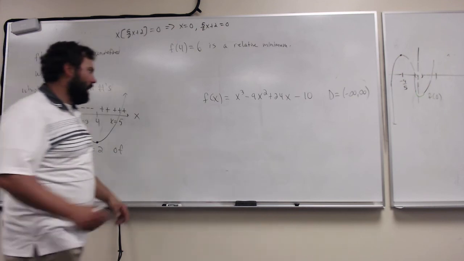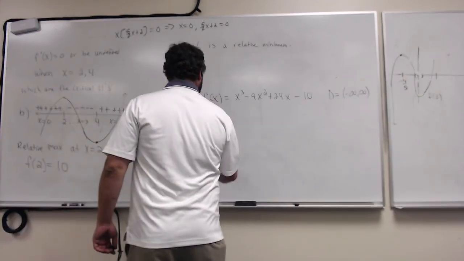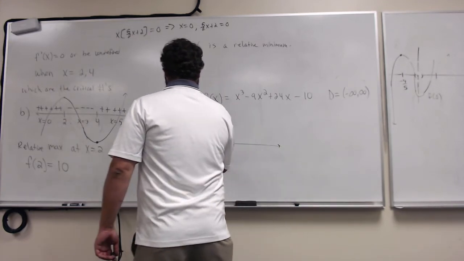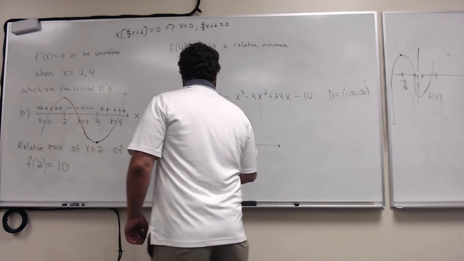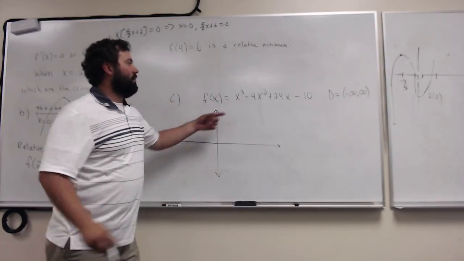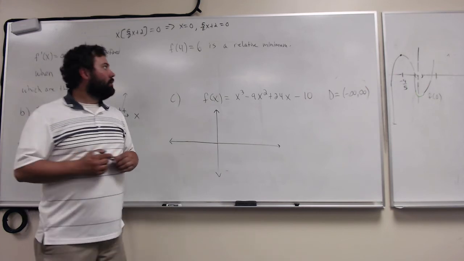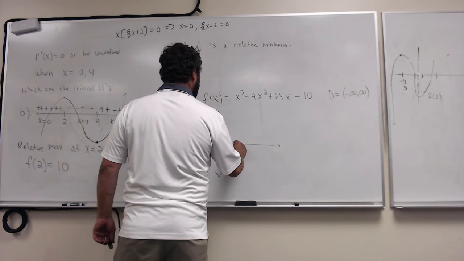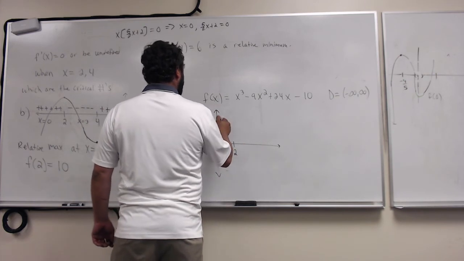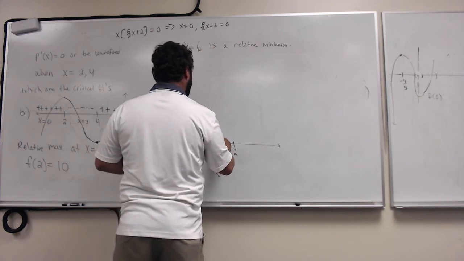So if I draw a graph, this is part C, and for most functions it's harder to know the shape, but we have the added benefit of knowing a little bit about what polynomials look like. So let's see, when we're at x equals 2, so 1, 2, let me make some room. Make this a little higher.